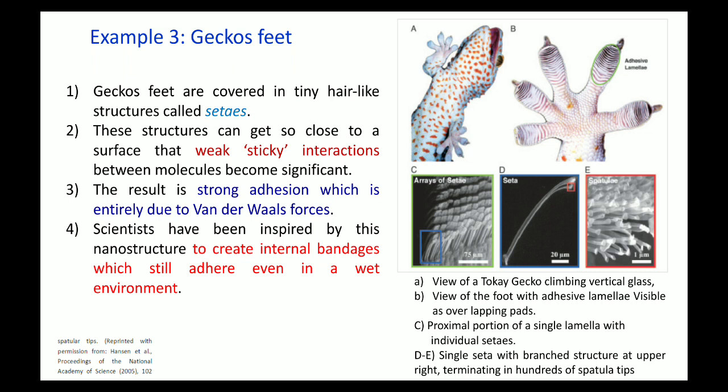So A is a view of a gecko climbing vertically on glass. B is a view of a foot with adhesive lamella visible as overlapping pads. It looks like a lapping pad. We also call it an adhesive lamella, and you can clearly see that.